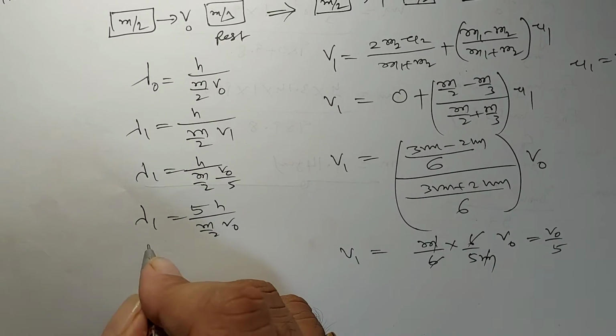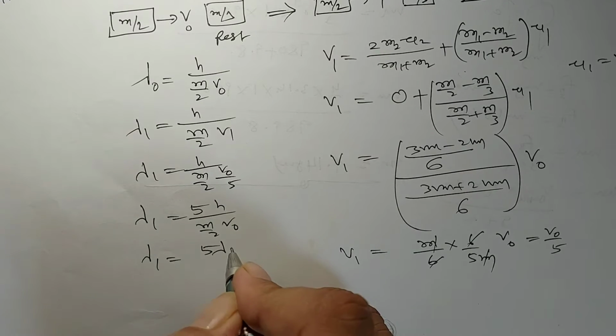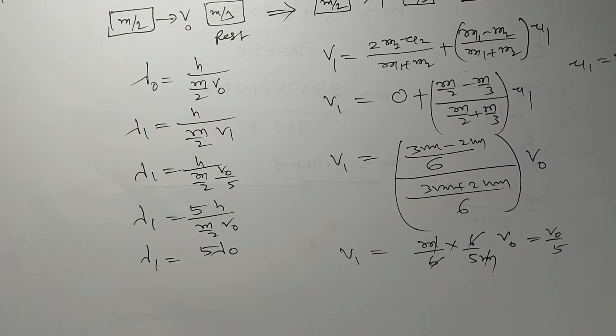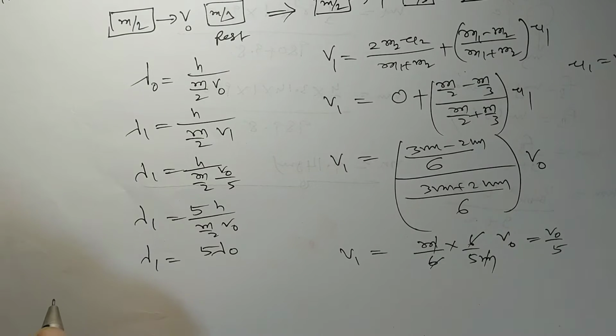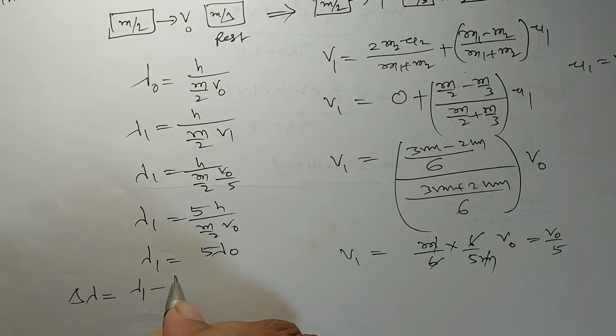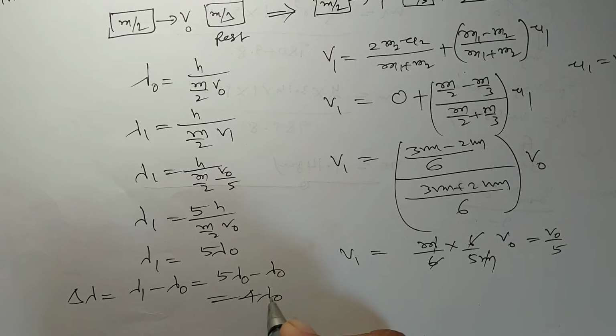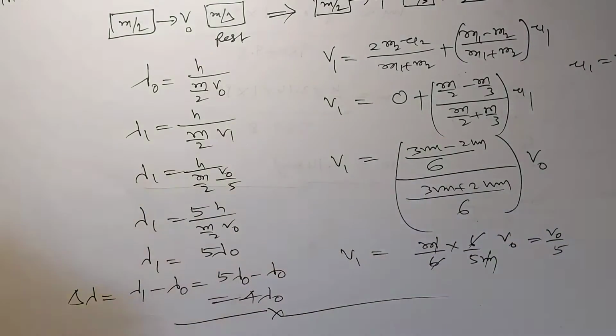This can be written as 5 lambda naught. Delta lambda, the change in wavelength, is lambda 1 minus lambda naught, which is 5 lambda naught minus lambda naught. That is equal to 4 lambda naught. This is our answer.